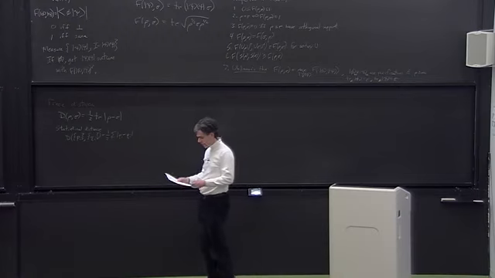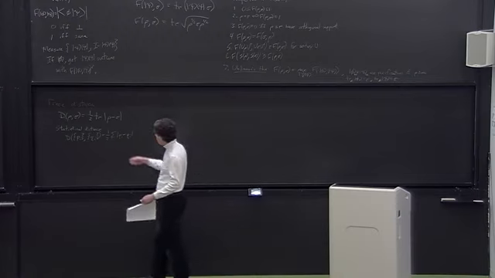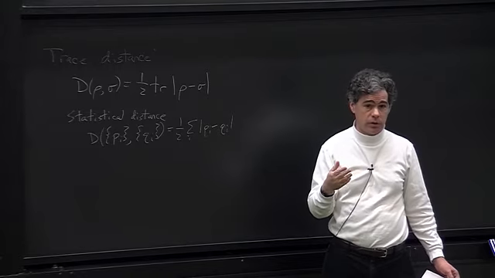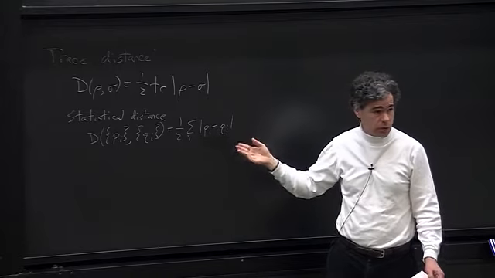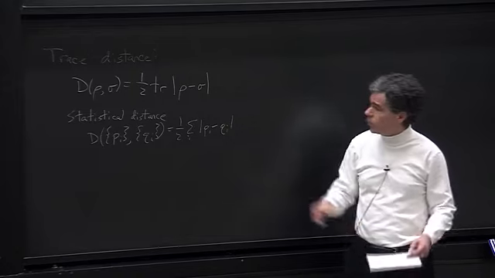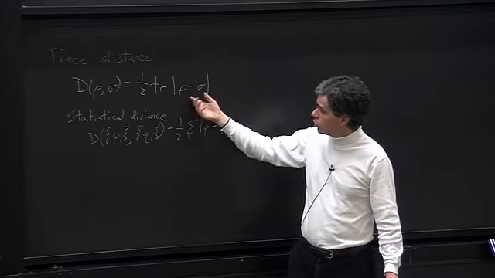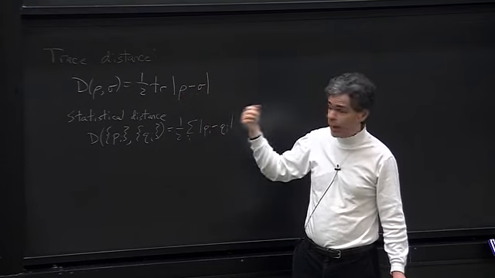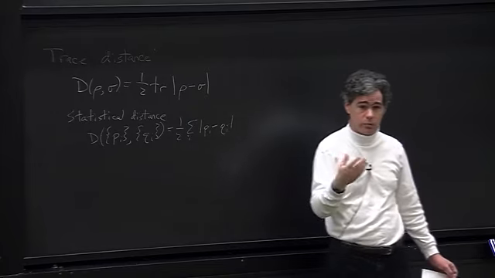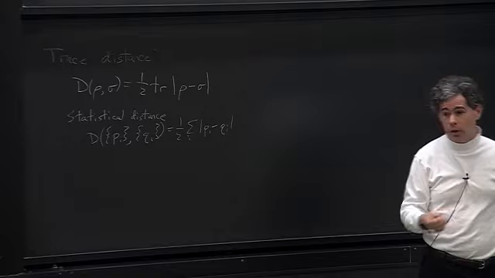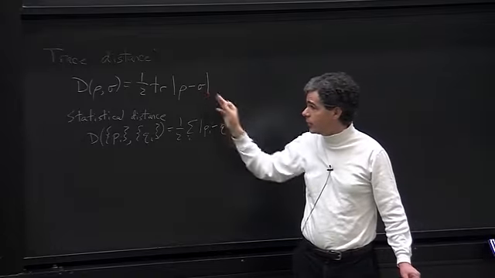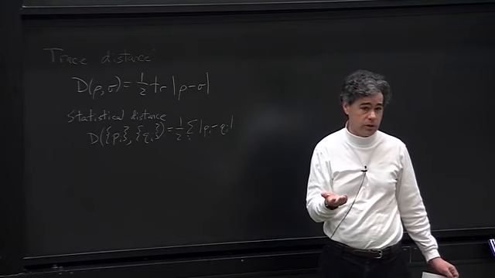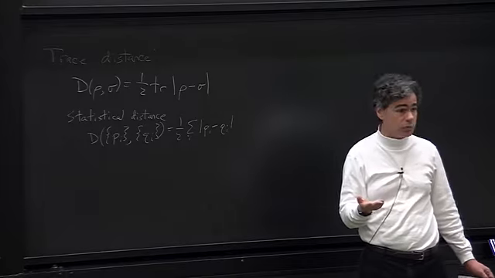And in fact, if rho and sigma are simultaneously diagonalizable, then you can do that, and this is exactly what you get. But more generally, you could diagonalize rho minus sigma, right? And then you get some eigenvalues of rho minus sigma. Now rho is a density matrix, sigma is a density matrix, they're both positive. But the difference between them is not positive, clearly, and has trace 0 rather than trace 1.